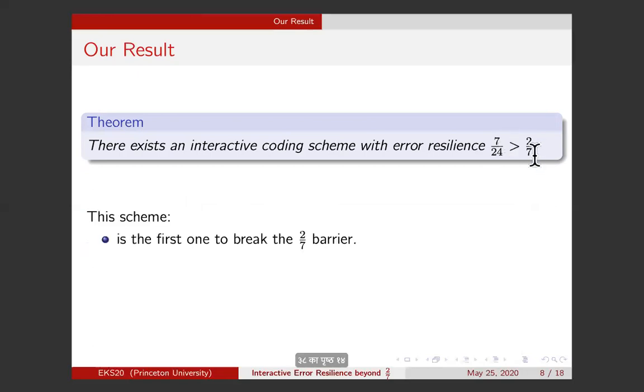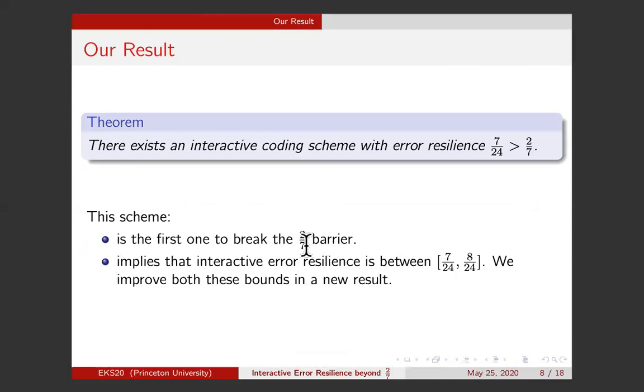Thus, this scheme is the first one that surpasses the 2/7 barrier of GHS14, and it also implies that the maximum interactive error resilience lies in the interval 7/24, which is this work, and 8/24, which is the best known upper bound.